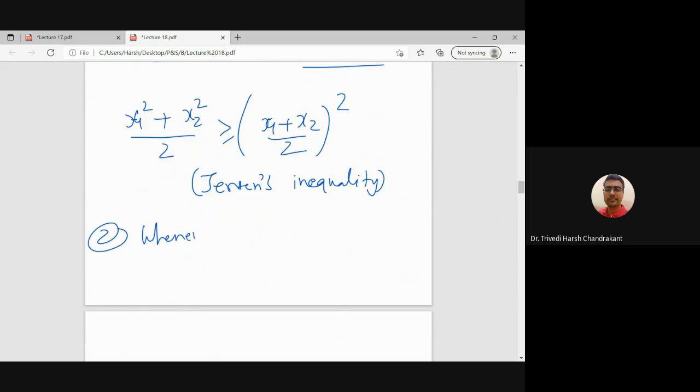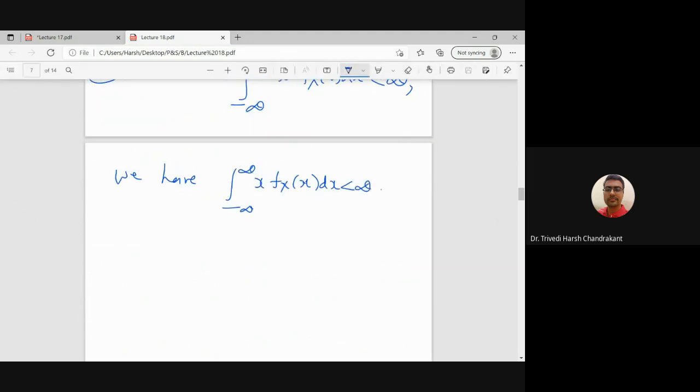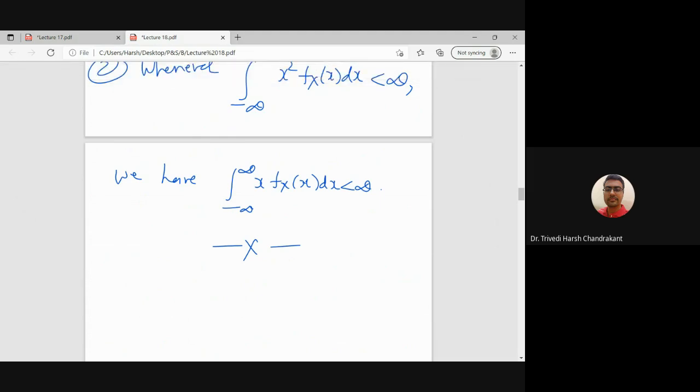Whenever the integral of x square f_x(x) dx is finite, we have that this integral is also finite. This is regarding the second form of the variance, the second equation of variance. We'll come back to this.